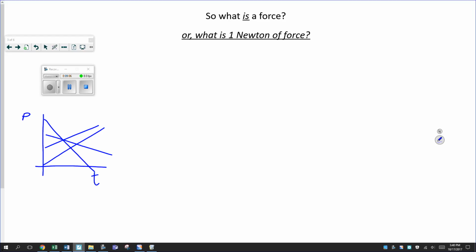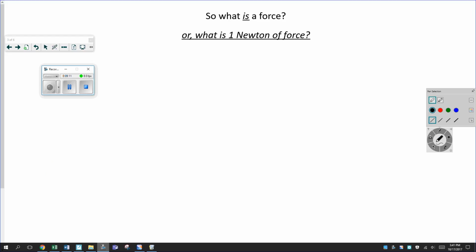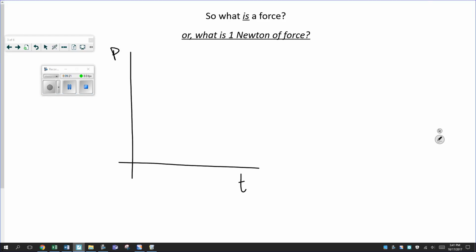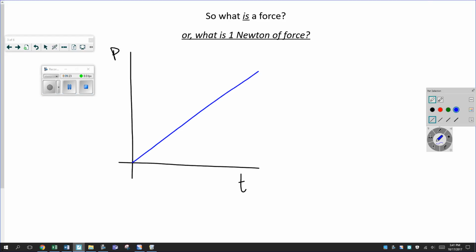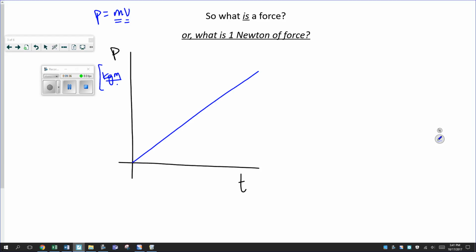Well, I'm going to start by saying, let me get rid of this stuff. Let's actually look at this graph of momentum versus time. Our graph that has a nice constant slope. Well, remember, momentum is m times v, kilograms meters per second, and time is measured in seconds.